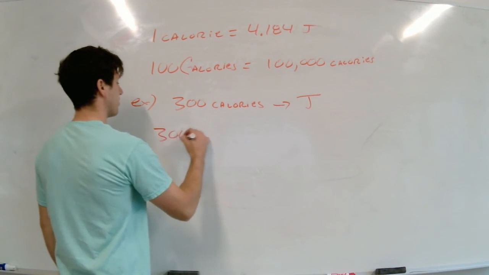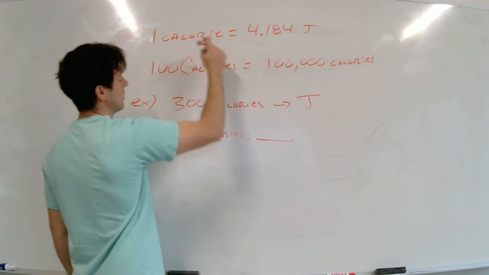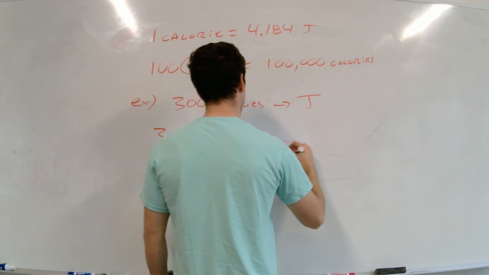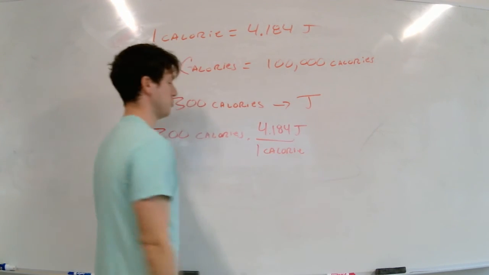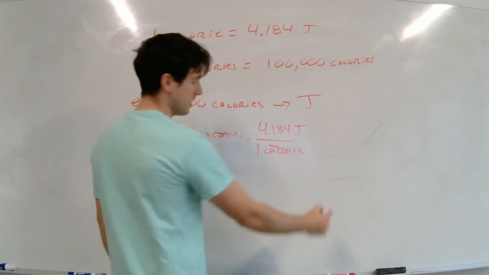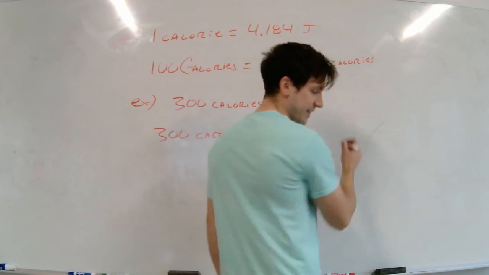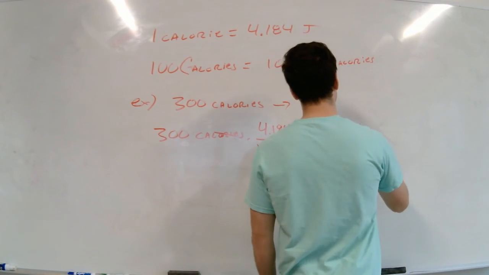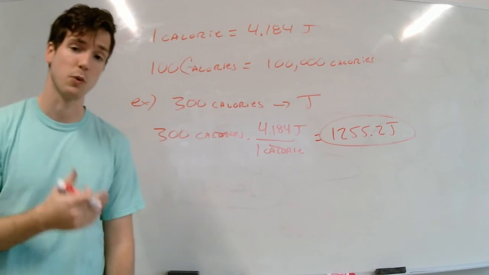So we have 300 calories, and I know for every 1 calorie, it equals 4.184 joules. So all we do is we take 300 times 4.184, and that is going to be 1,255.2 joules. Okay, so that's just one conversion you'll have to do.